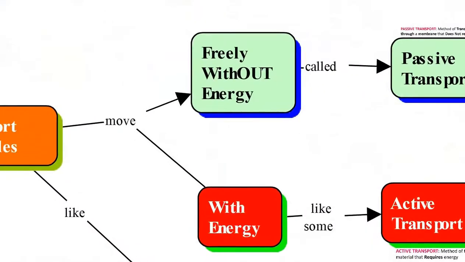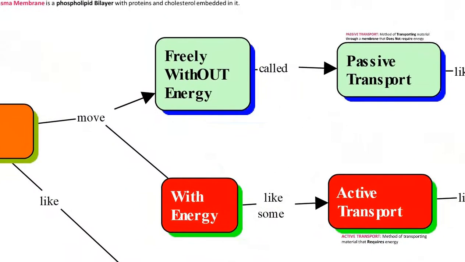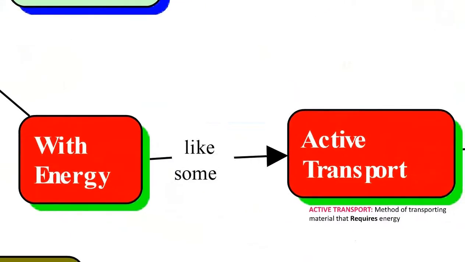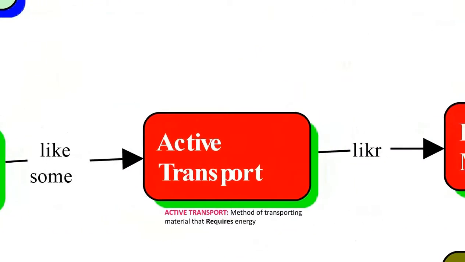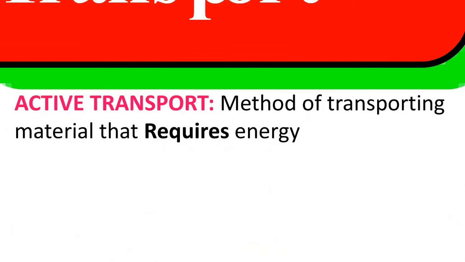Then there is another mode of transportation of molecules. Other molecules move across the membrane by spending some amount of energy, and this process is called active transport. Active transport can be defined as a method of transporting materials that requires energy. So active transport is a method of transporting materials across the plasma membrane by spending a certain amount of energy.